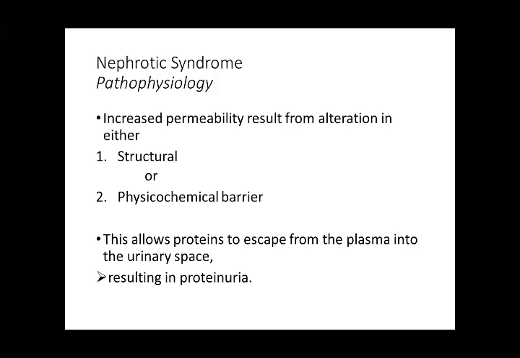Let us say it is 4 micrometer in diameter, and if it escapes into the urinary space and then into the urine, it means losing the major substance that keeps all the fluid in the circulation and is responsible for osmotic pressure. Osmotic pressure maintains the normal body shape, and if you lose albumin, that will result in proteinuria, and that will cause edema.